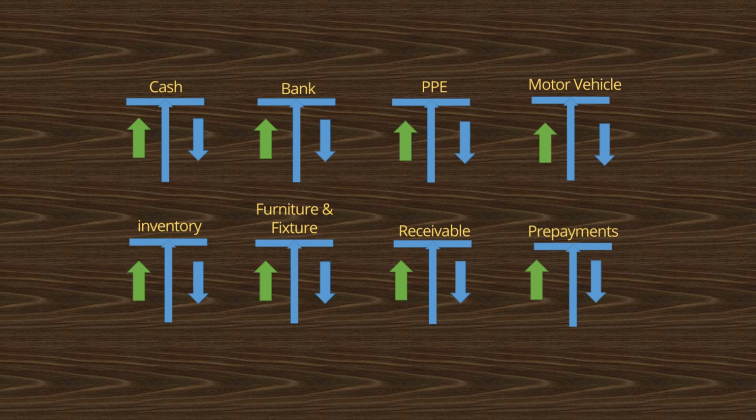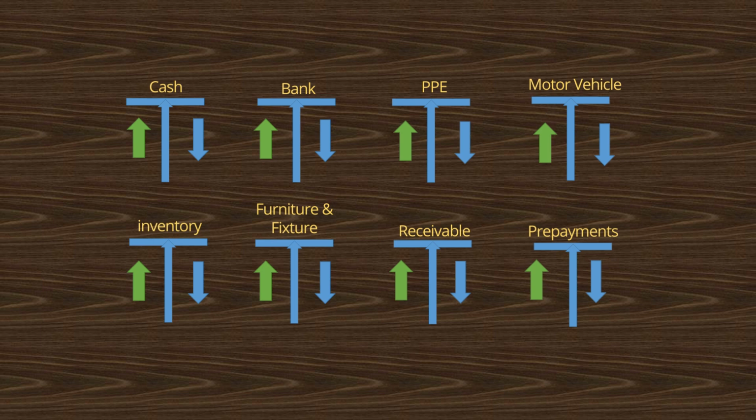Now students usually understand that debit always means plus or increases, and credit always means minus or decreases. Well, it is not an appropriate approach. It depends on the class of the ledger. It depends on the rule of the ledger.